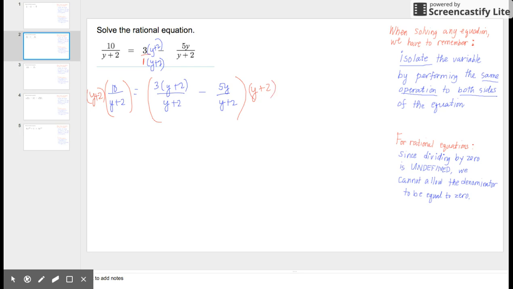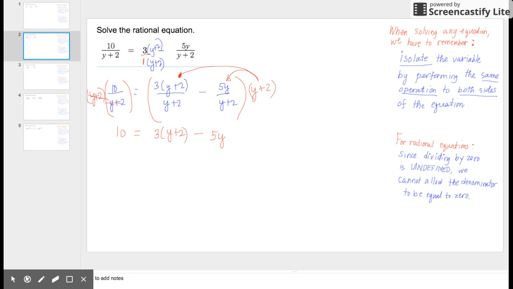Now when we multiply this, we cancel the y plus 2 and we get 10 equals 3 times y plus 2 minus 5y. The denominator y plus 2 and our multiplier cancel. Now, magic happens, no more fractions.